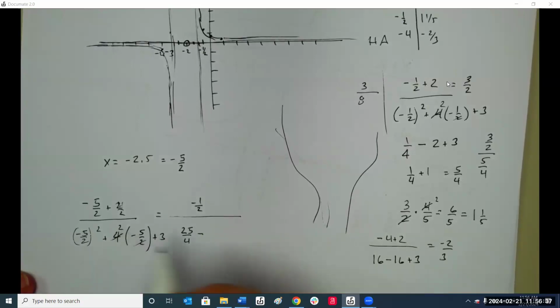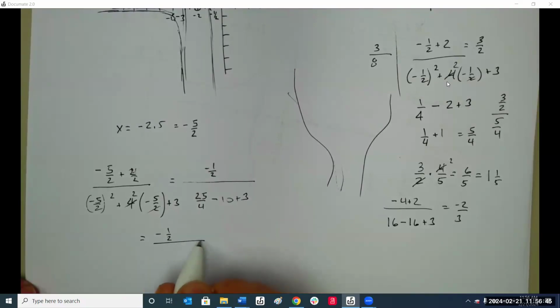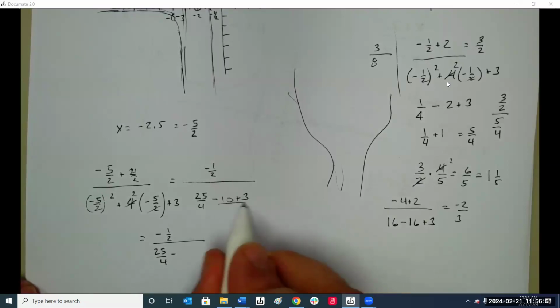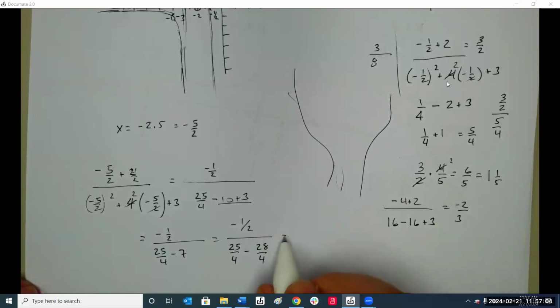minus 10 plus 3. Minus 10 plus 3 is -7, which is 28/4.